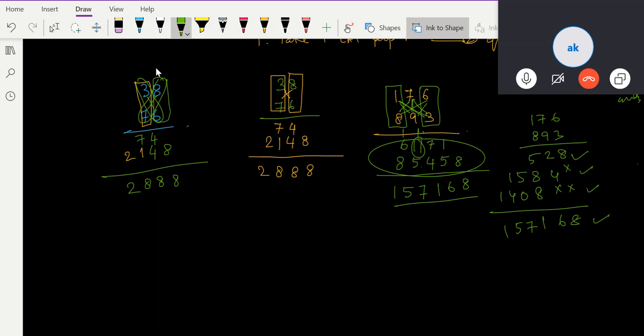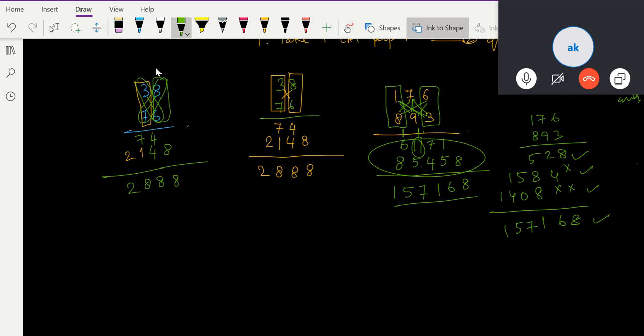So this is one very important trick that you have to really master, because it will save you a lot of time in calculation. And as you know that in both DILR questions as well as in quants, definitely you will have to encounter multiplication multiple times, right?